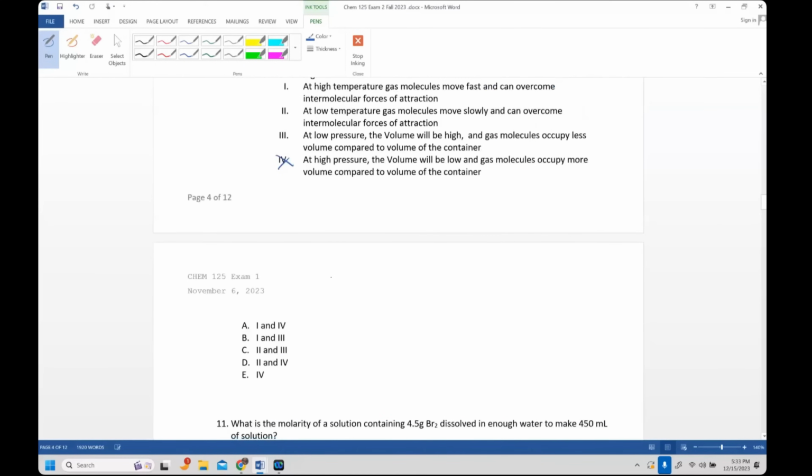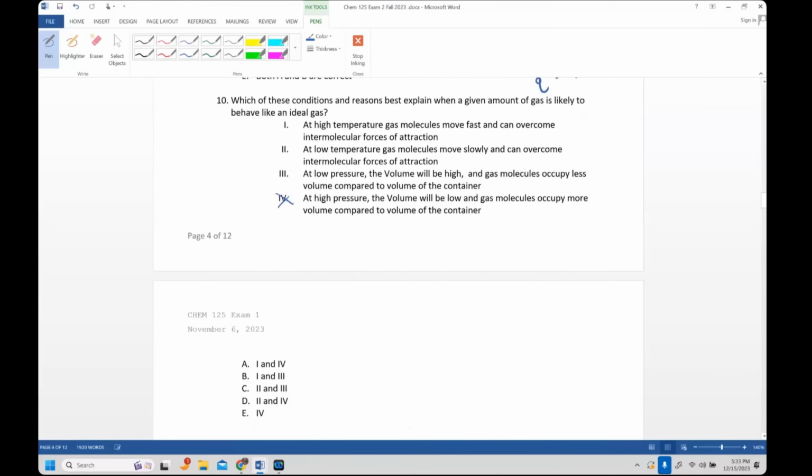I would say 1 and 3 are the best answers. I don't like this question at all. So which condition and reason best explains when a given amount of gas is likely to behave? I guess it's asking which statement best describes the behavior of an ideal gas.